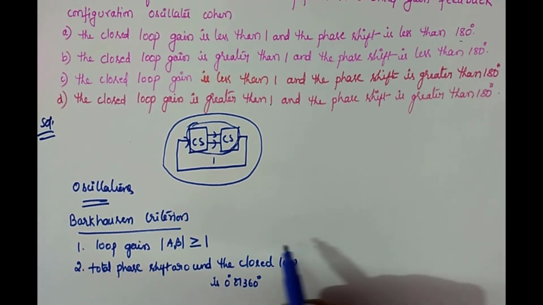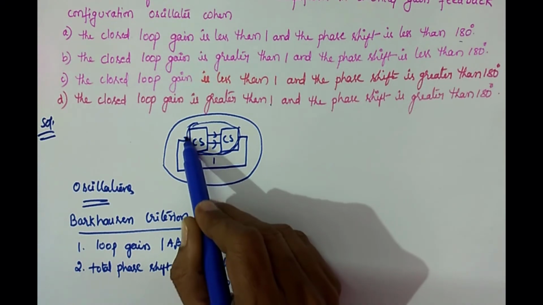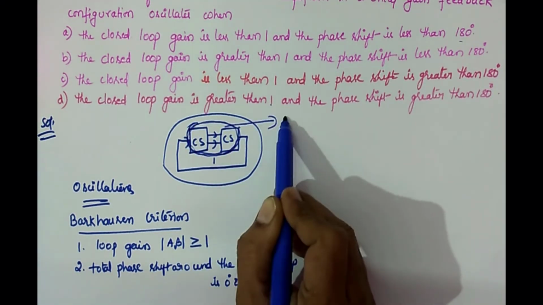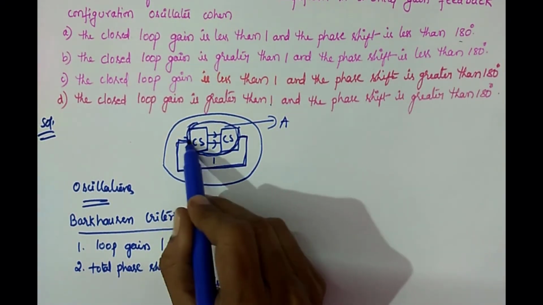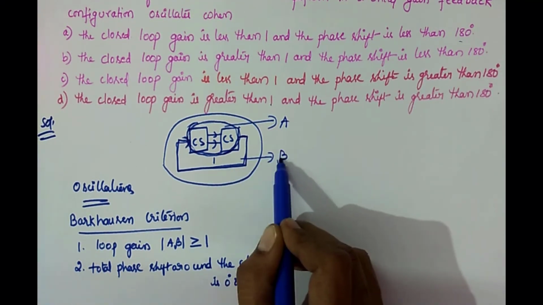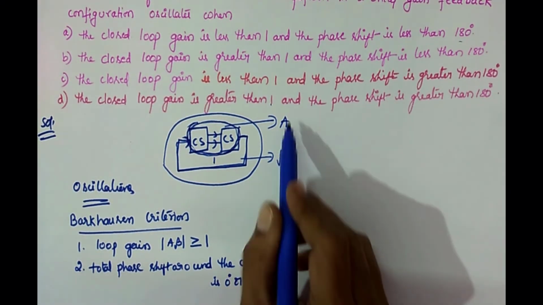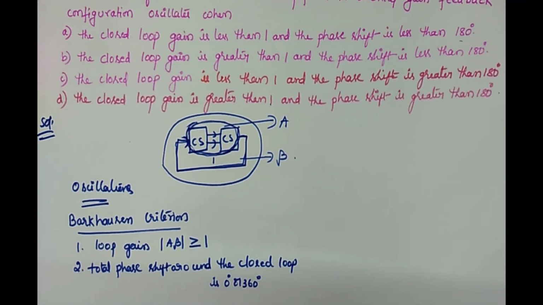I'll explain. What is A here? Amplifier gain. This cascade of common source amplifiers' gain, you have to treat it as A. And here we are giving a negative feedback. This feedback factor, consider it as β. So the modulus of the product Aβ must be greater than or equal to 1. Another point: the total phase shift around the closed loop is 0 degrees or 360 degrees.